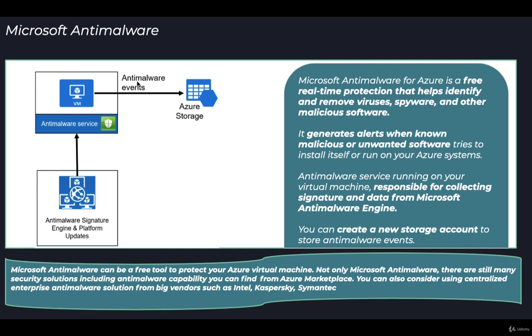You can also create a new storage account and forward all those anti-malware events to an Azure storage account. So you get different capabilities with the help of Microsoft Anti-Malware.